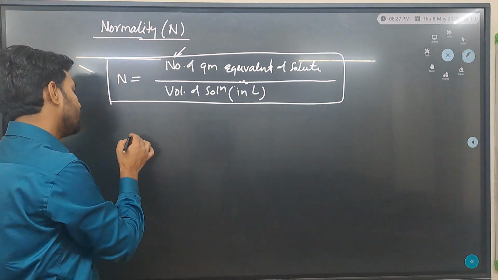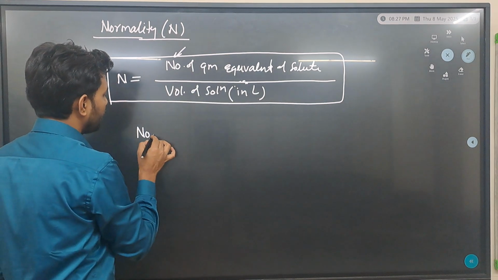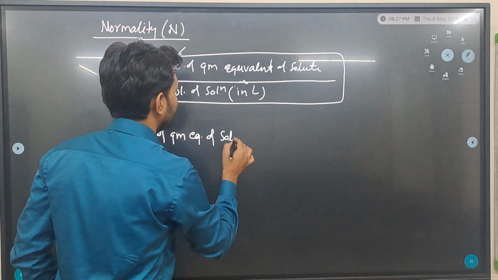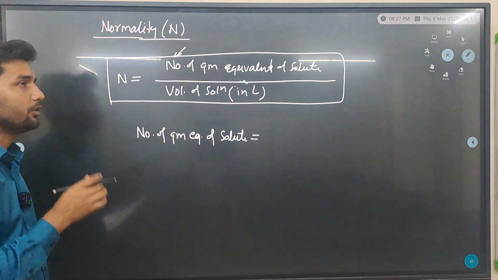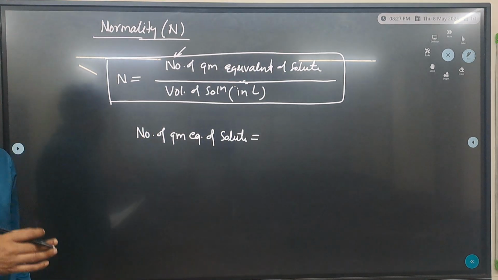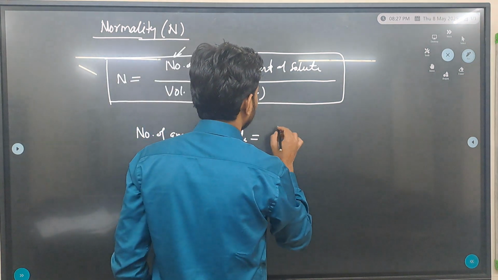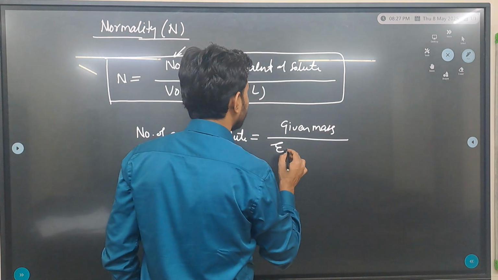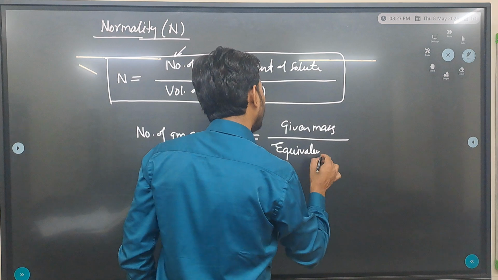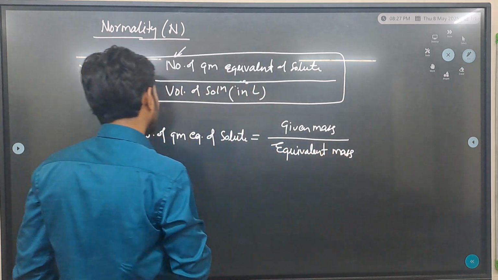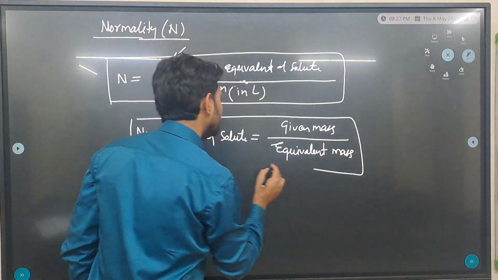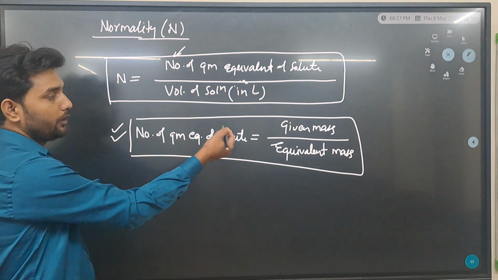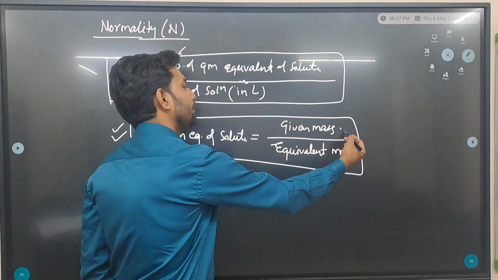The number of gram equivalents of solute is equal to given mass divided by equivalent mass.